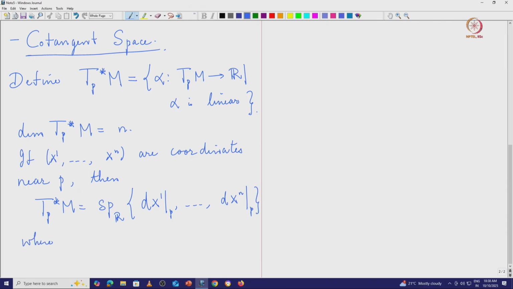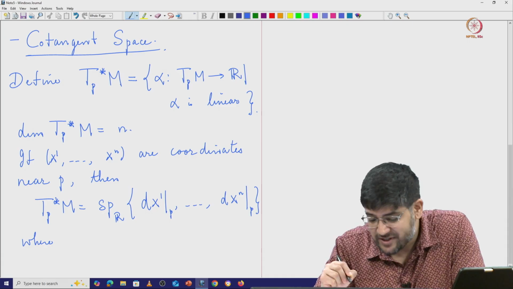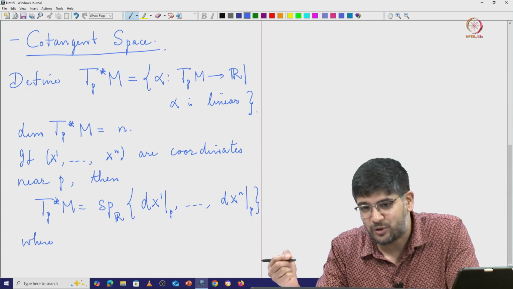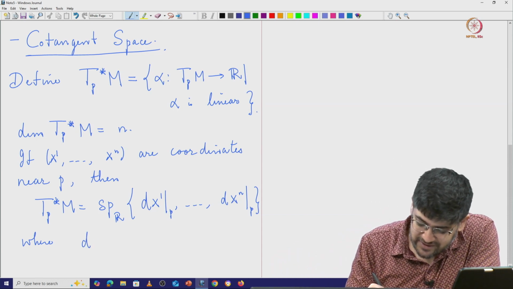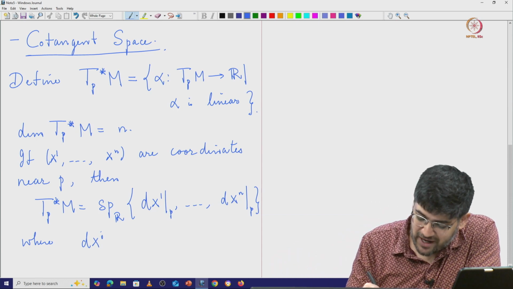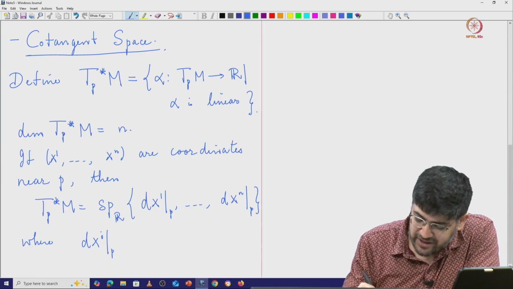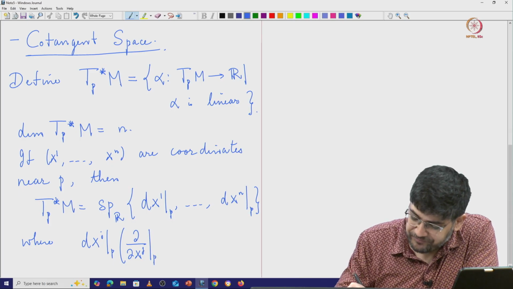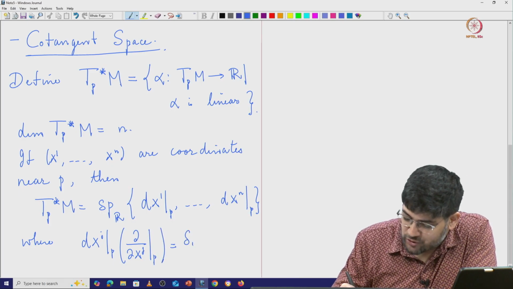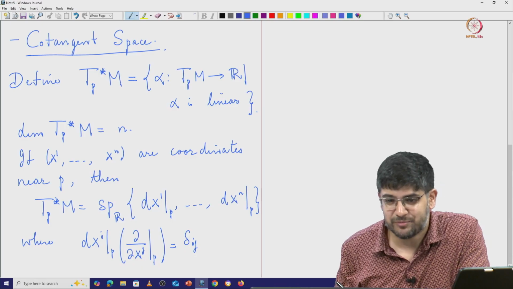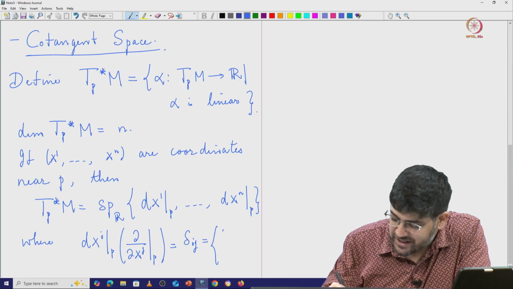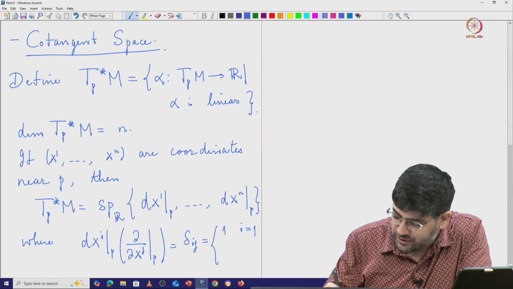where dx1 up to dxn is basically just a dual basis to del by del x1 up to del by del xn. So that means that if you apply dxi at P to del by del xj at P, then that's going to be the Kronecker delta symbol, delta ij, which is 1 if i is equal to j, and 0 if i is not equal to j.